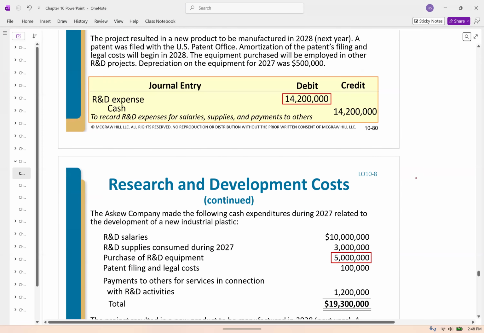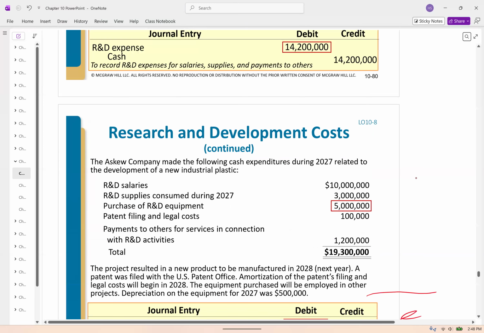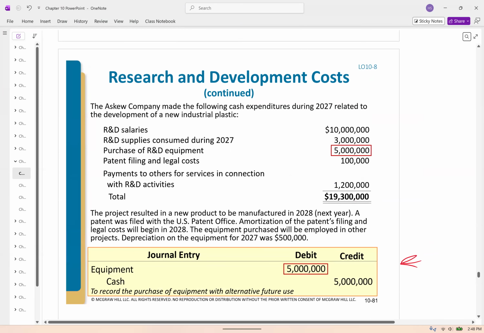All right. Now we're going to look at the R&D for the equipment. For the equipment, they are going to debit the equipment and credit cash because they can use it. It says right here, the equipment purchased will be employed in other projects. So the depreciation on the equipment for 2027 is 500,000.